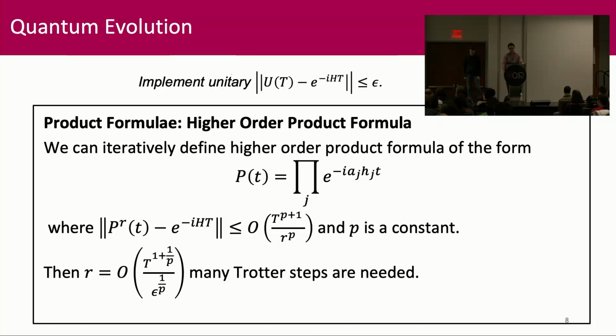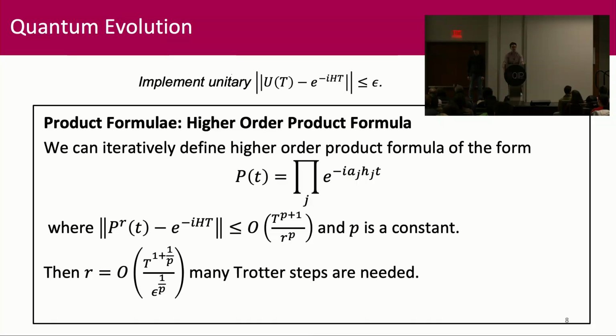Generically, I'm going to say that we have a pth order product formula if, when we apply it r times, we get an error bound that scales as t to the power of p plus 1 over r to the power of p, where p is some constant chosen based on our algorithm. And so if I want to achieve some error epsilon, I need a number of Trotter steps which scales as t to the power of 1 plus 1 over p, divided by epsilon to the 1 over p.